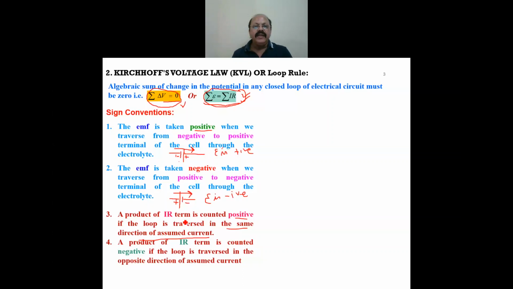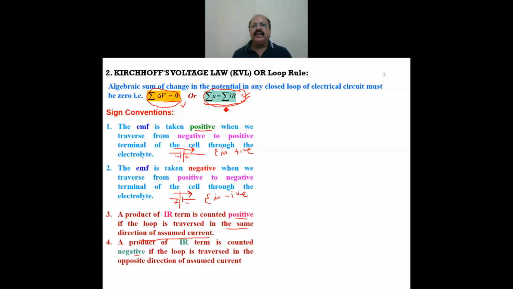And when the direction of the loop and the direction of the current are opposite, we say that it is negative. But these are applicable only when we are applying the formula sigma E equal to sigma IR. If you apply the formula sigma delta V equal to 0, then the first two sign conventions you apply the same, and the third and fourth are in the opposite way. In that condition you take negative here and positive here.